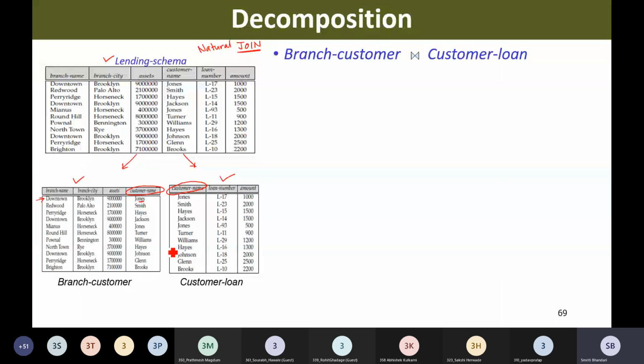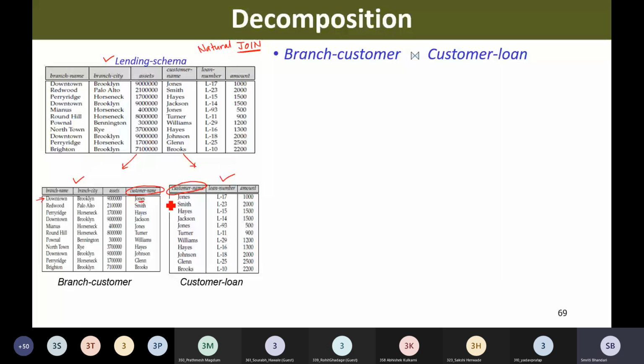Here the customer name is Jones, and we have in the customer loan relation two tuples with the same name Jones. So this tuple is concatenated with this tuple because the customer name is the same. Also this tuple is combined with this other tuple as well because the customer name is the same.